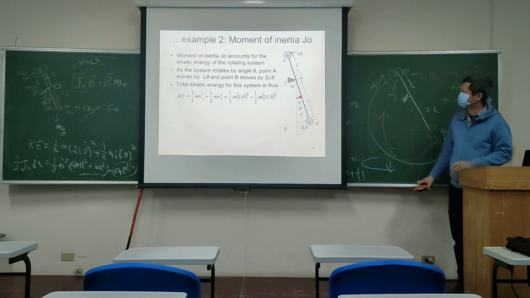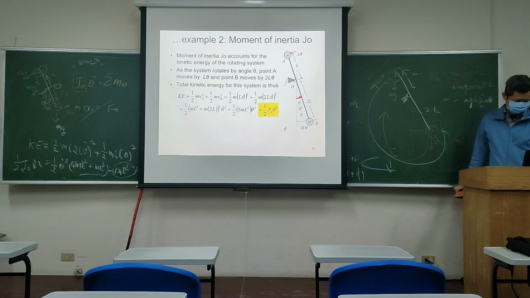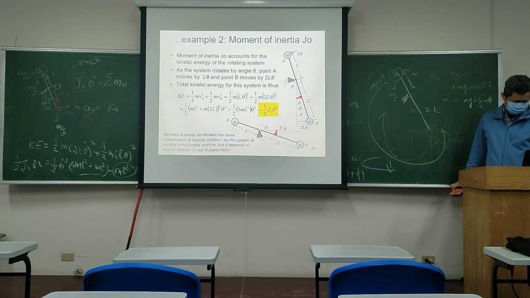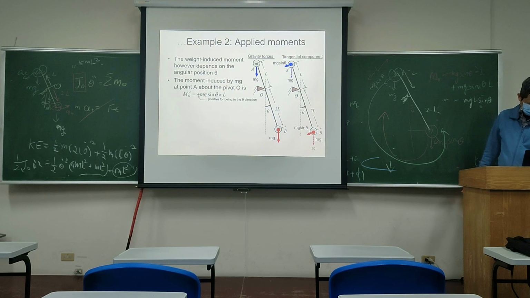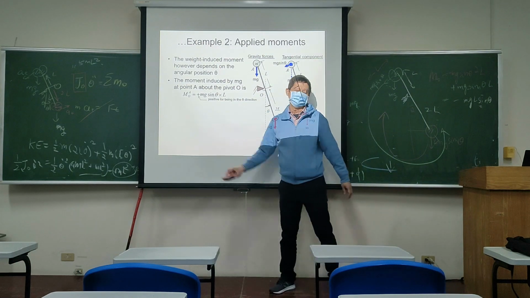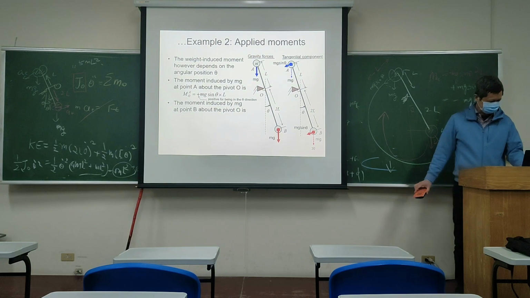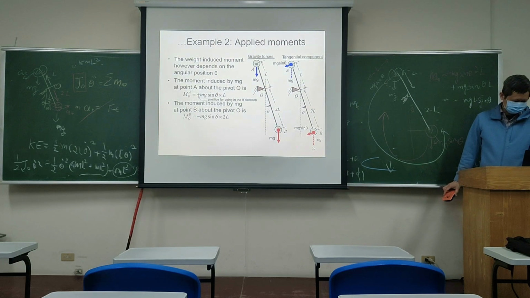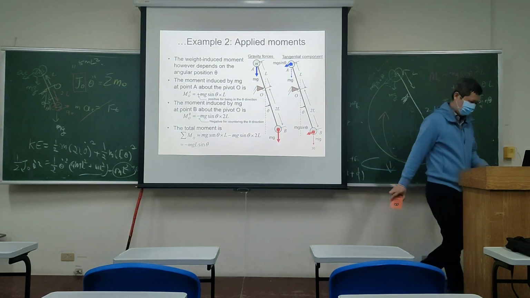So we obtain the moment of inertia from the previous equation, and then next we find out the moment. The green apple is causing a positive moment, which is counterclockwise. The red apple is causing a clockwise moment. And the sum of the moment is negative, meaning it is counterclockwise.